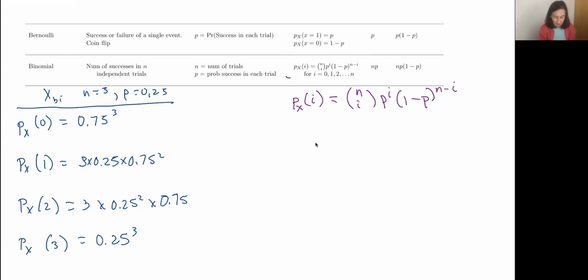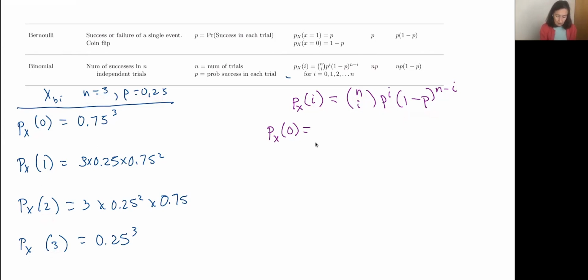I think for many people, you look at this formula and it just seems like there's a lot going on, but if we walk through it, there's nothing weird here. It's pretty straightforward. Okay, so let's just plug in here p of x for i equals 0. We're going to plug in the values of i, each of these, also n, which will always be 3, and p, which will be 0.25, which of course means that 1 minus p is 0.75.